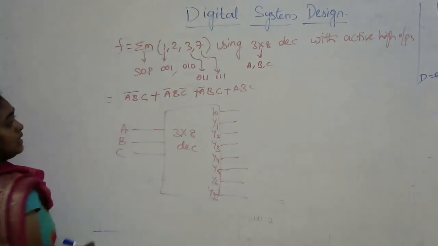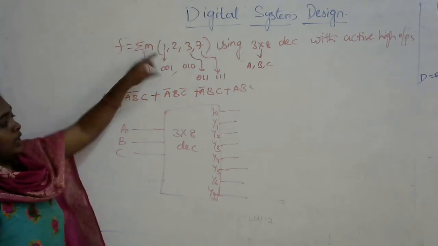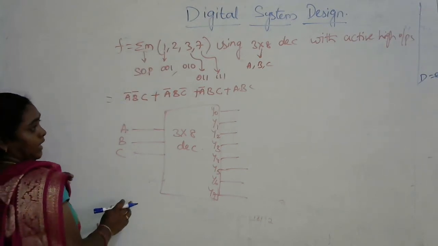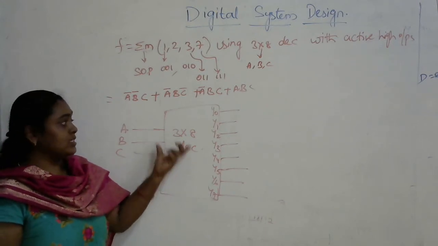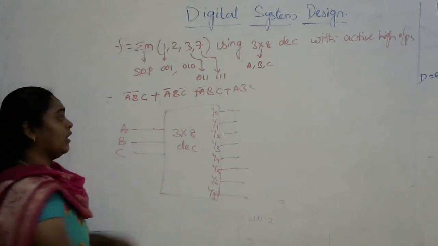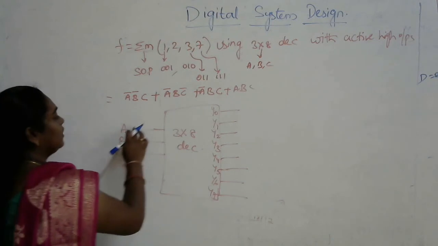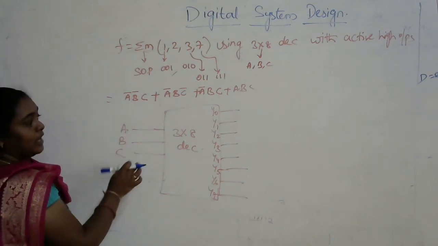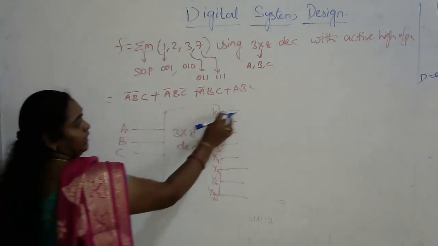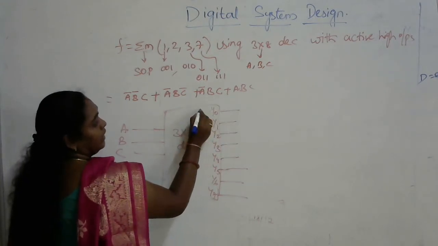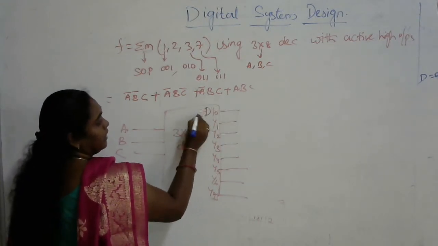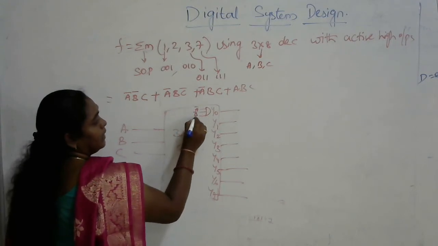If you remember, in the previous sessions we discussed the internal structure of Y0. So here Y0 is connected through A bar, B bar, C bar with an AND gate. Each output consists of an internal AND gate. This is A bar, B bar, C bar.